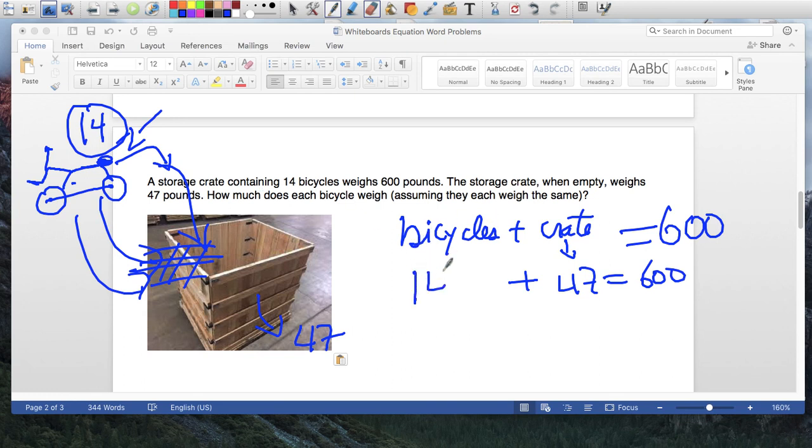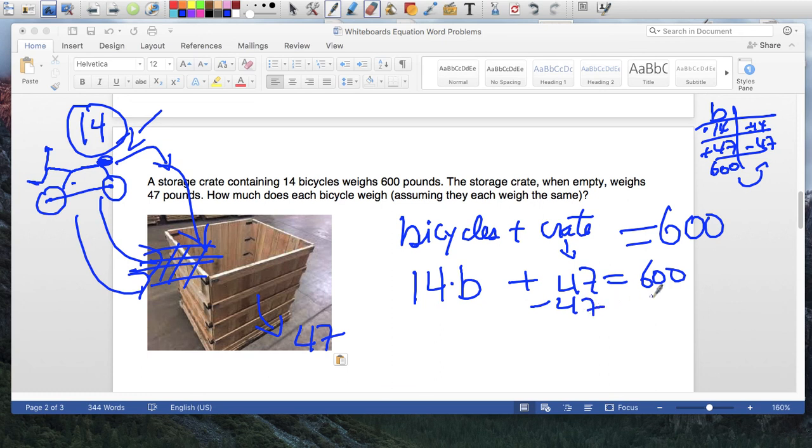So there's 14, and we don't know the weight, so we're going to call that 14B, 14 bicycles. So we need to find out the weight of one bicycle. So do your story. We got B times 14 plus 47 equals 600, minus 47, divided by 14.